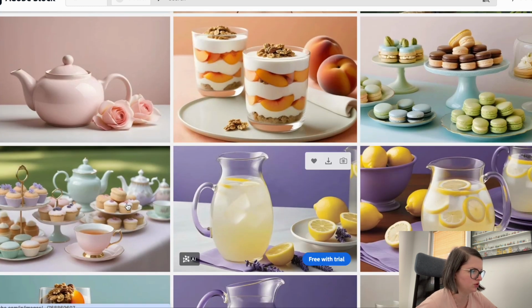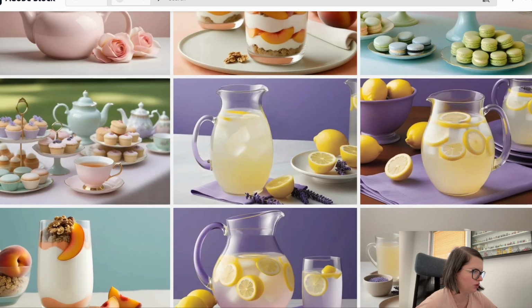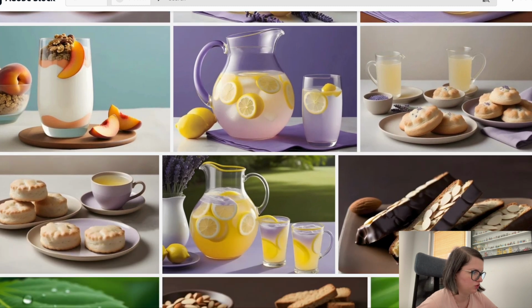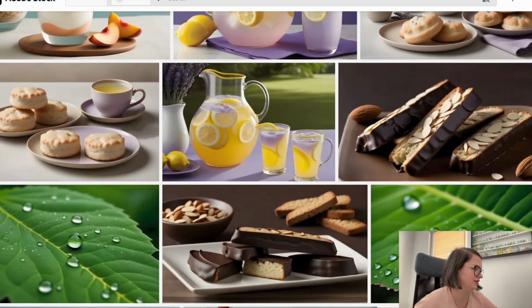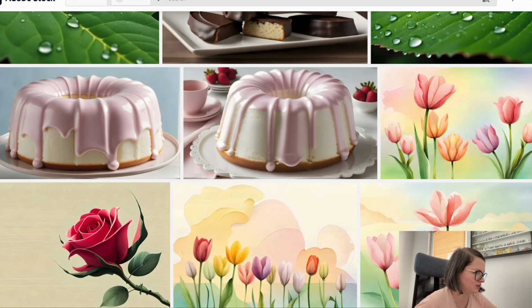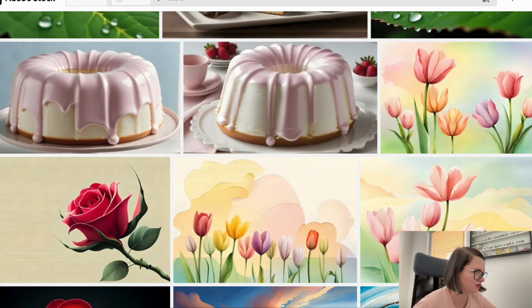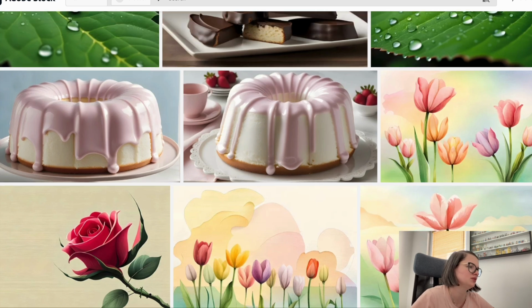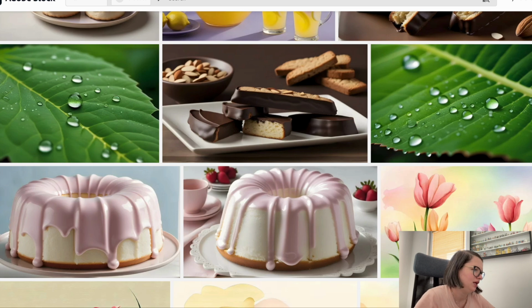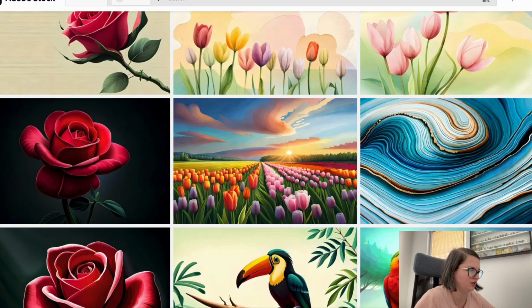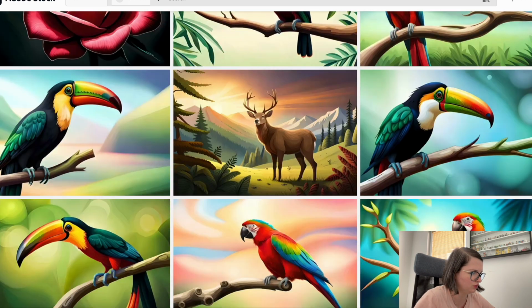The food images, I don't know, they look a little bit unreal to me. And that's where your generator comes in. You know that the photorealistic images are just a little bit subpar to what other generators can do, in my opinion.